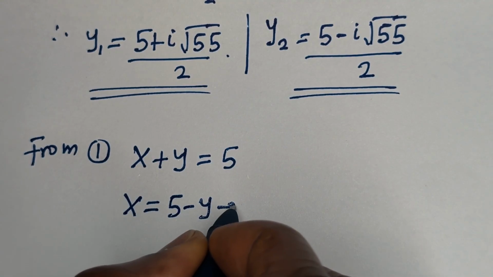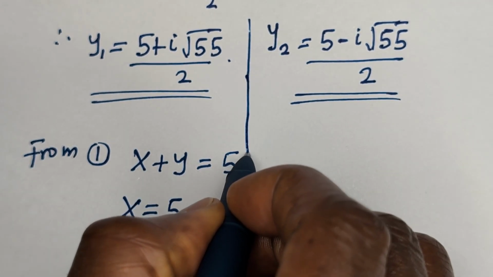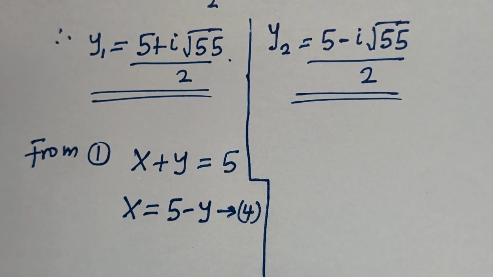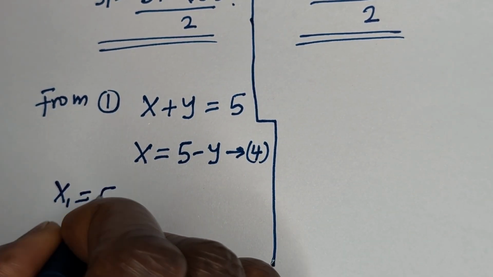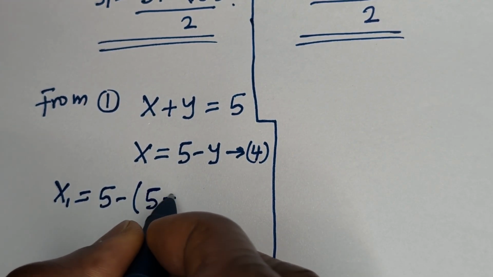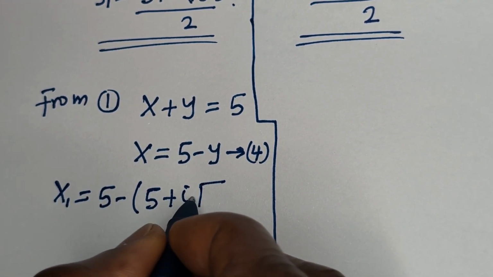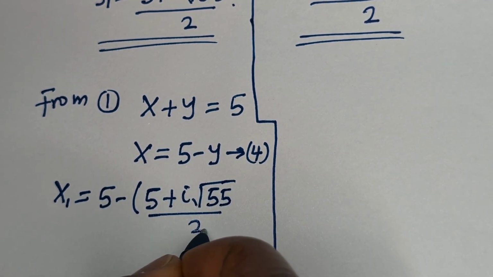Let us call this equation 4. x1 will be equal to 5 minus y1, which is 5 plus i root 55 over 2.